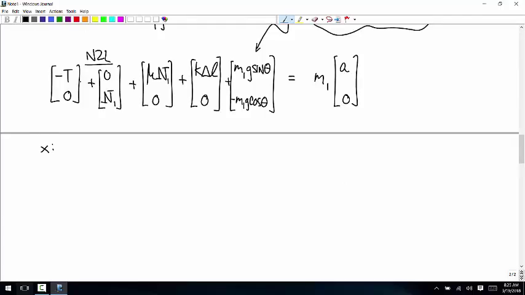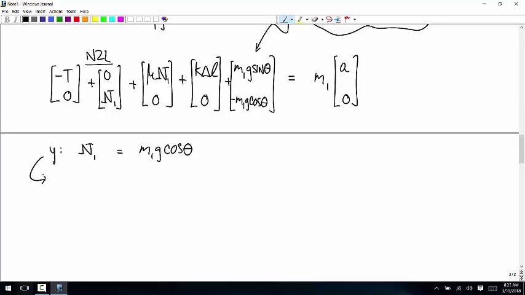Then the x equation says negative T. Okay, so the y equation says N1 is equal to m1 g cosine theta.